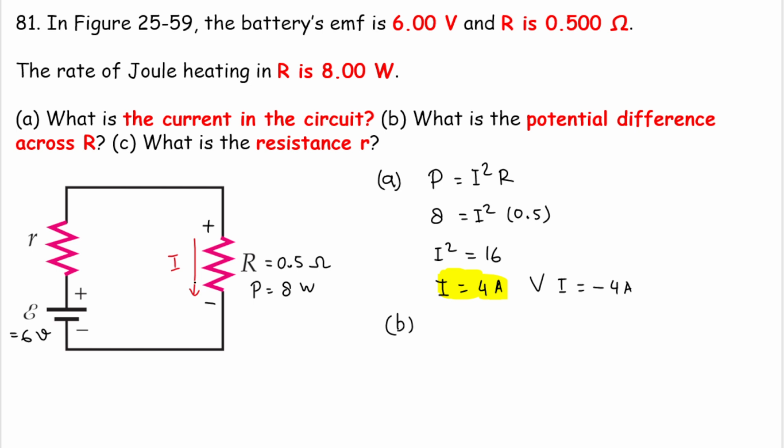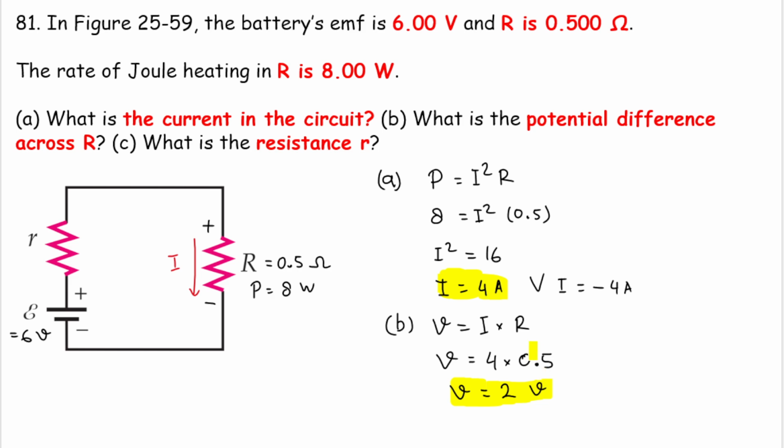Remember that the voltage using Ohm's law is equal to I times R. Now we know that I is 4 ampere and R is 0.5, so V is equal to 2 volt. Good. And that is the potential difference across R. So V is equal to 2 volt. Good.